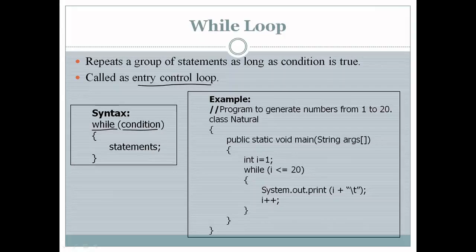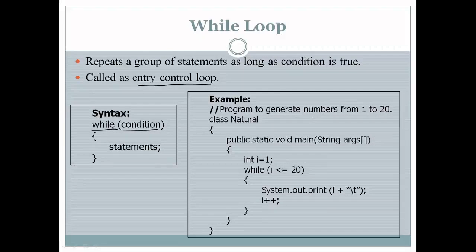If the condition is true, the statements enclosed in flower bracket open and flower bracket close are executed. And if the condition is false, it will simply come out of this loop and execute the statements declared after the loop. Okay, let us look at one example program.